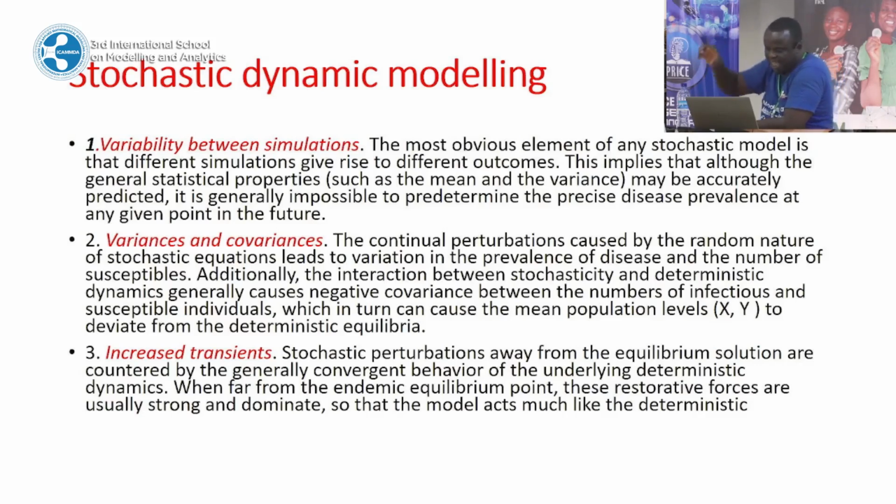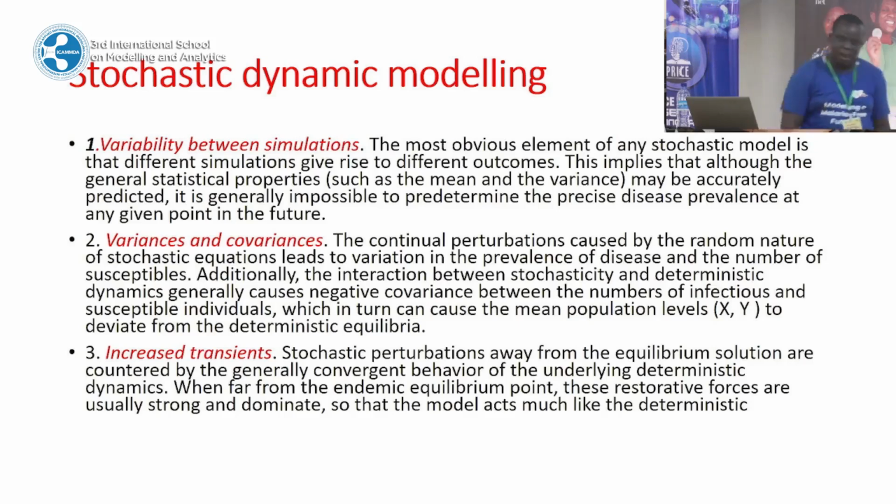This implies that although the general statistical properties such as the mean and the variance may be accurately predicted, it is generally impossible to predetermine the precise disease prevalence at any given point in the future.